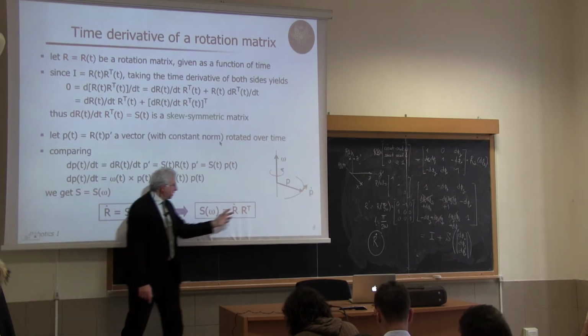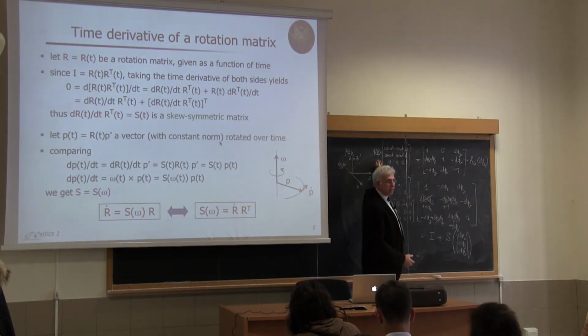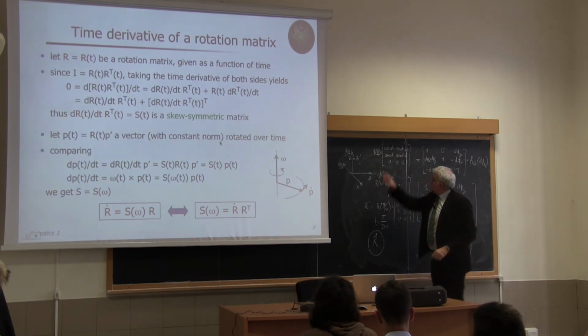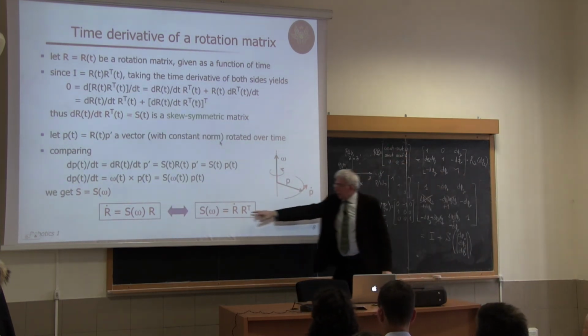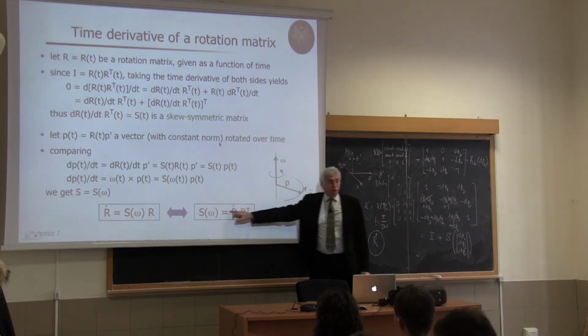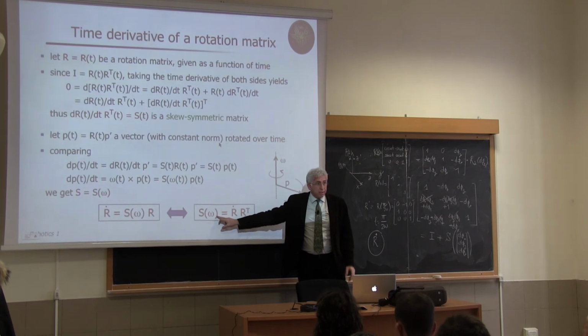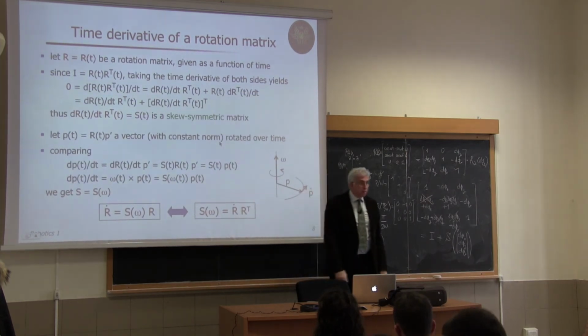Which means: give me the rotation matrix as a function of time, I take the derivative of each element with respect to time, so I have R dot. I multiply by the transpose of this matrix, and I'm sure that I will obtain a skew-symmetric matrix. And if I look inside, there will be the components of the omega.